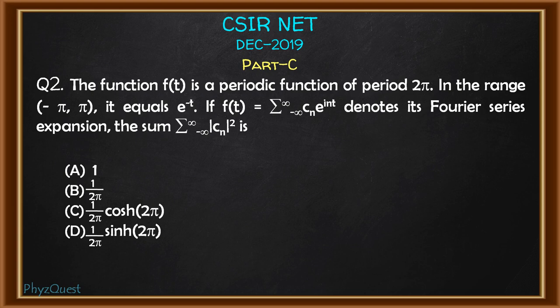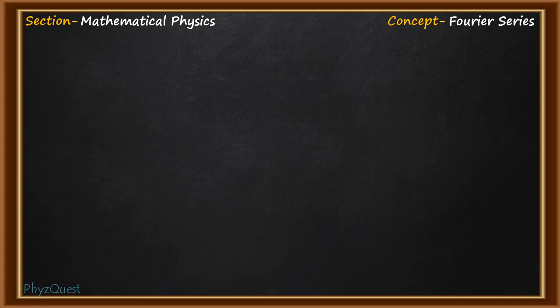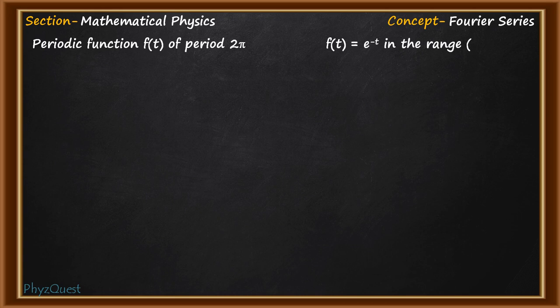So let's get started. This question comes from the section Mathematical Physics, and the concept involved here is the Fourier series. In the given question we have a periodic function f(t) of period 2π, where f(t) is equal to e to the power −t in the range of −π to +π.